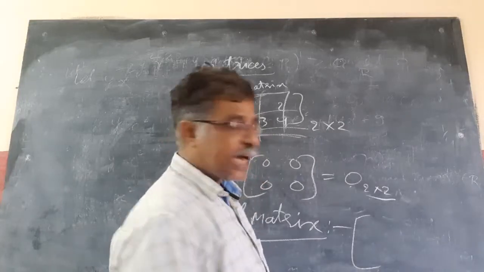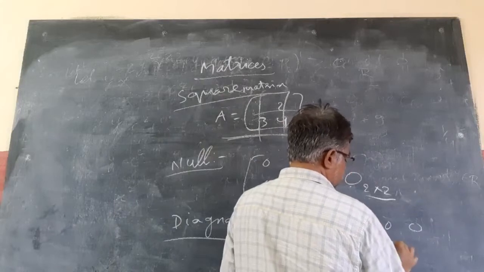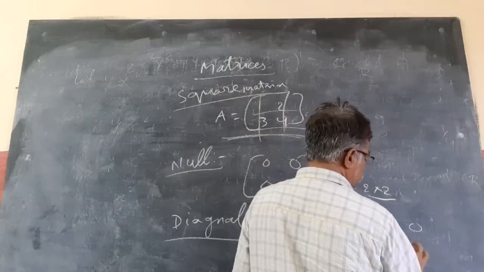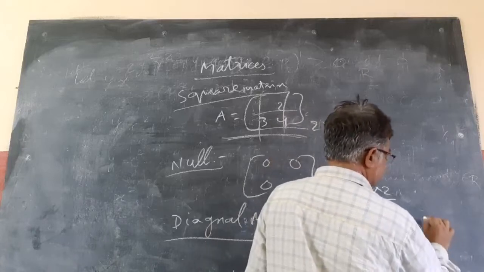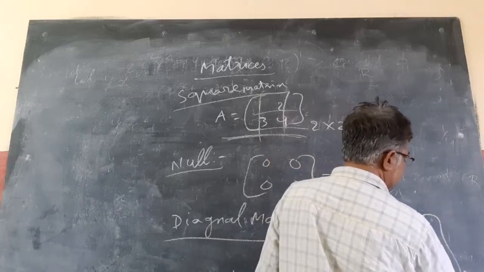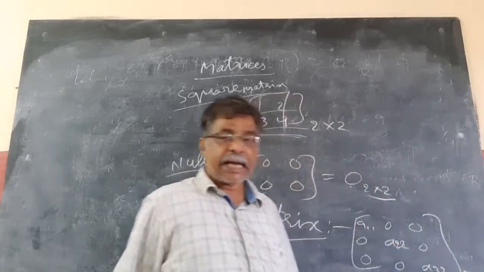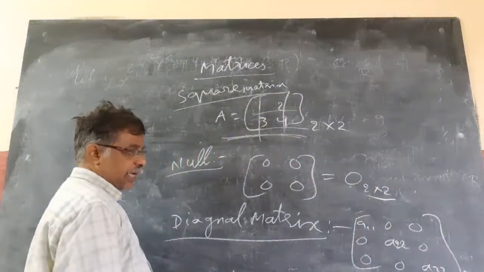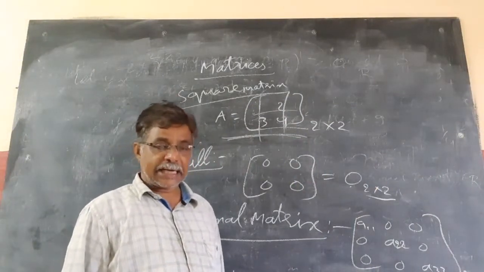Then it is called a diagonal matrix. For example, A11 0 0, 0 A22 0, 0 0 A33. This is a 3 by 3 diagonal matrix. So excluding the principal diagonal, the remaining elements are zeros.